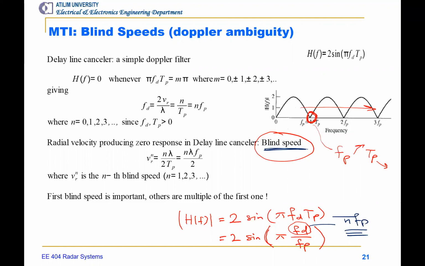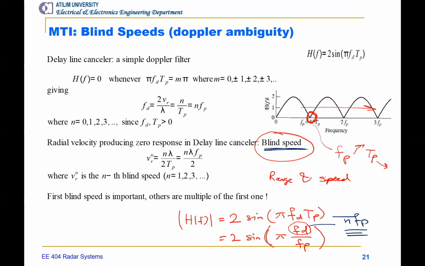When the PRI decreases, we have range ambiguity. So there's a problem here: a trade-off between range ambiguity and speed, or Doppler, ambiguity. If we try to reduce speed ambiguity, we have to increase the PRF, which causes ambiguity in range. So we have to find a way to resolve this problem. We'll be discussing that in the next lessons.